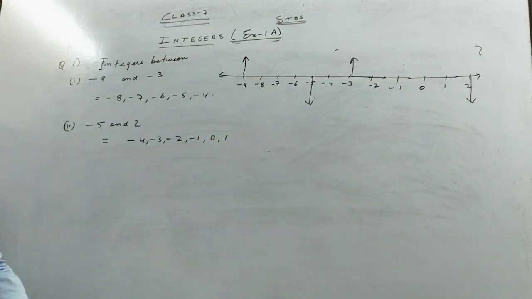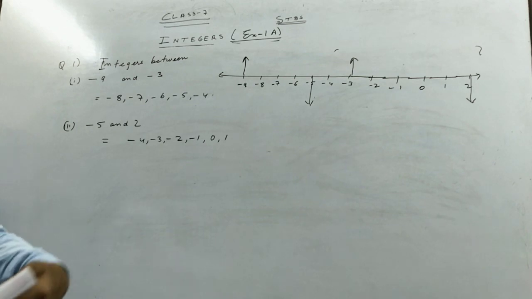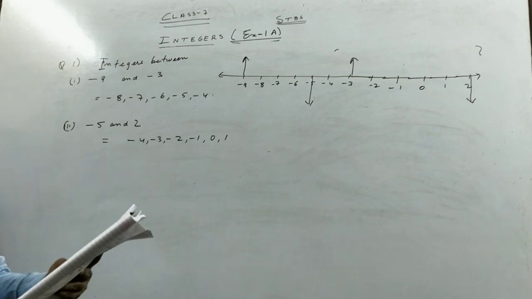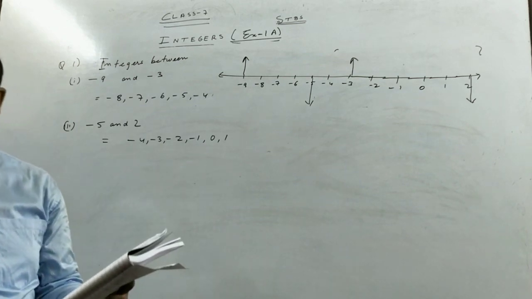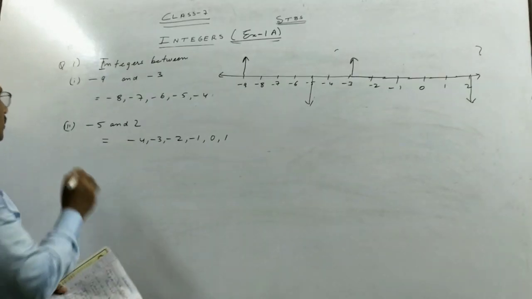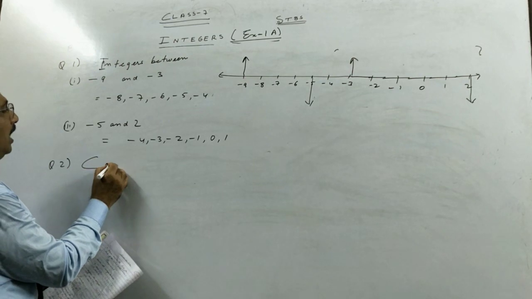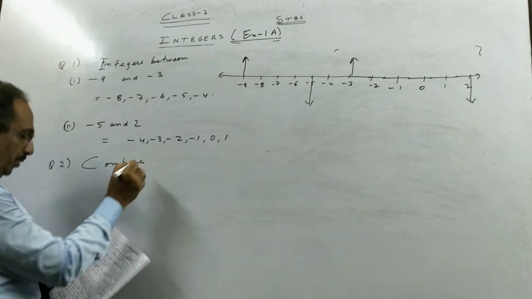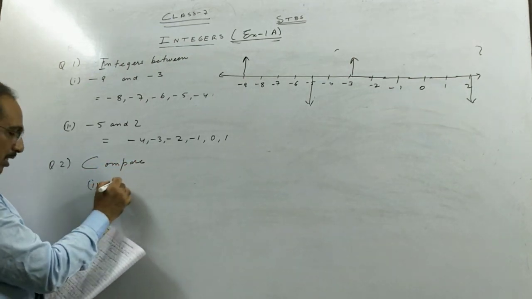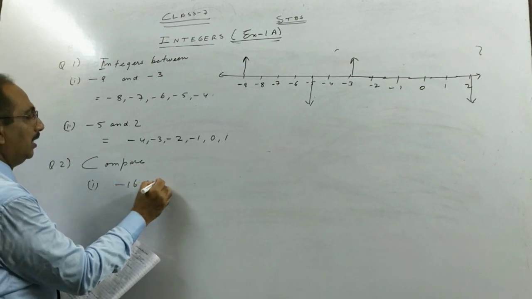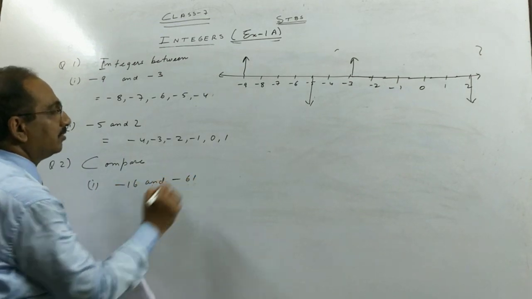So in question 1, we saw how we have to find integers between two given integers. Next, question 2 is compare. We have to compare two integers, minus 16 and minus 61.